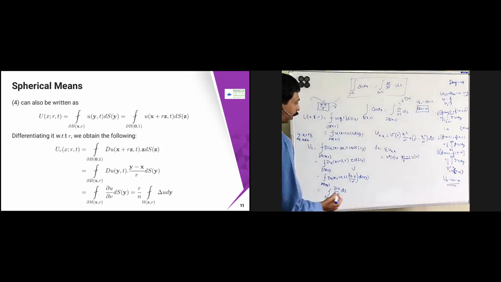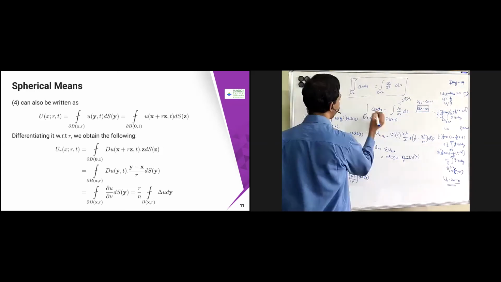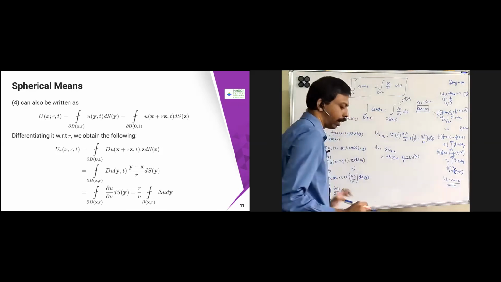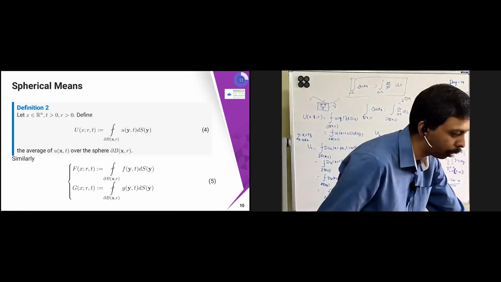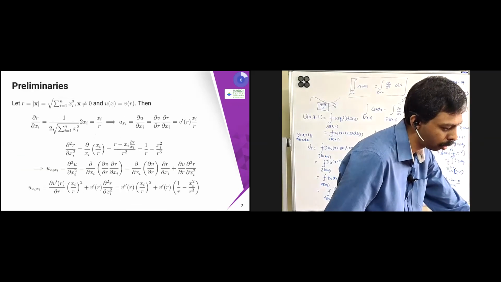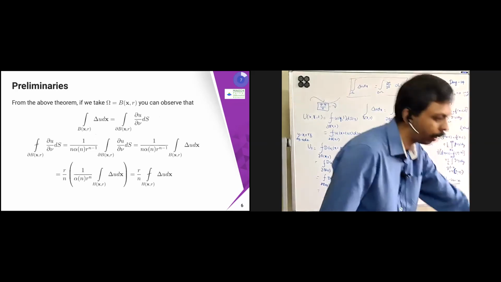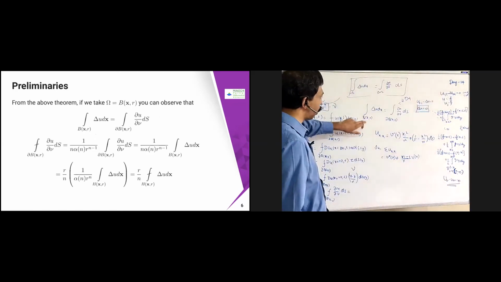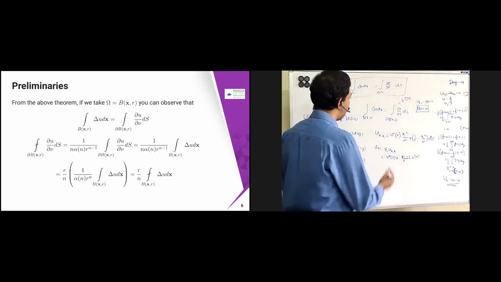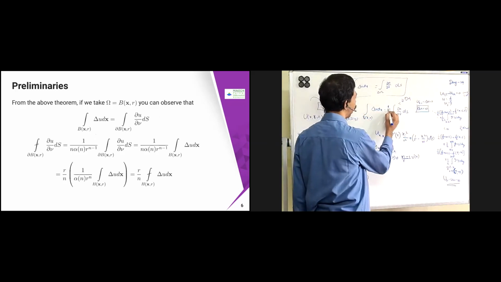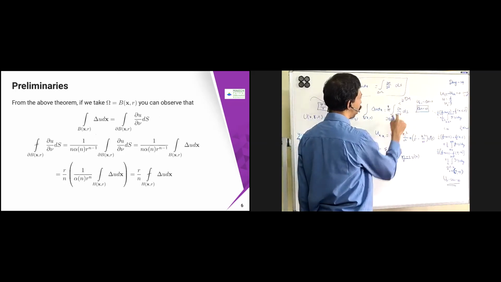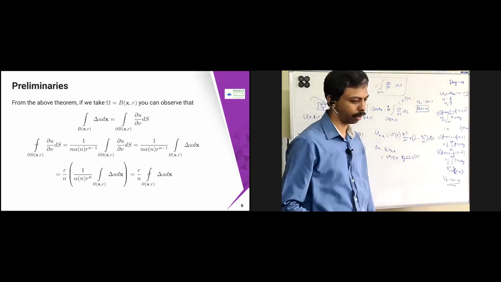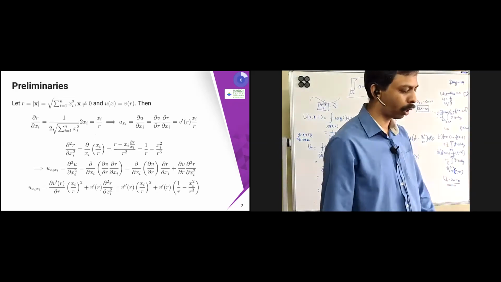We have already seen earlier, I will show you, that del u by del x over B of x, r is r by n, dou B of x, r, dou u by dou nu ds, dx. So the same thing I am going to write here.